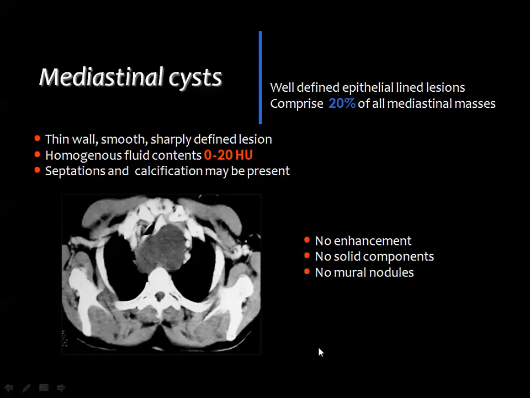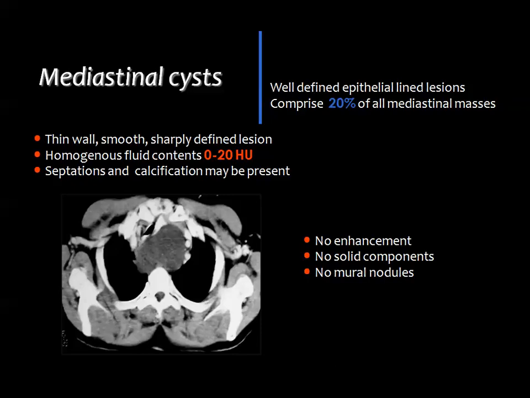Cysts in the mediastinum are usually of a benign nature, and they are filled with fluid density. If you use MRI, they will show fluid signal intensity, low signal in the T1 and high signal in the T2 weighted image.